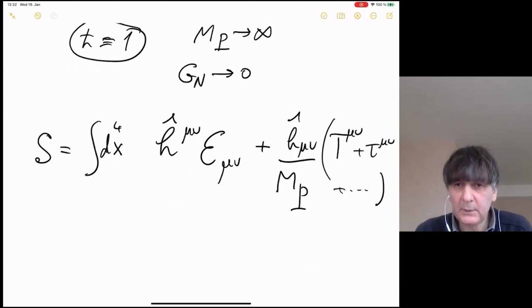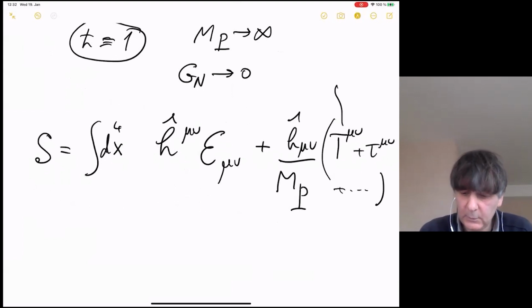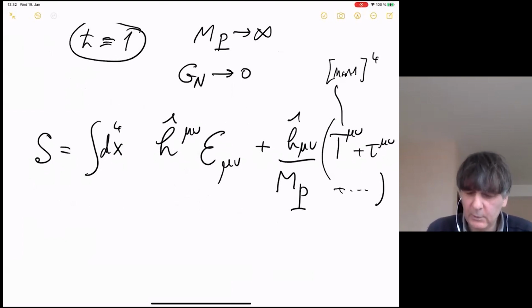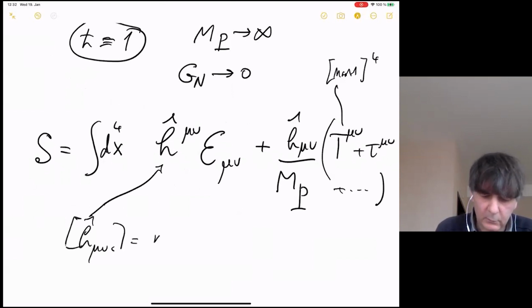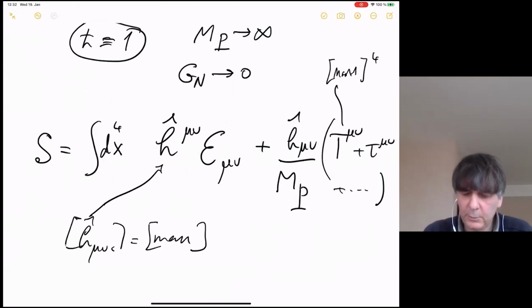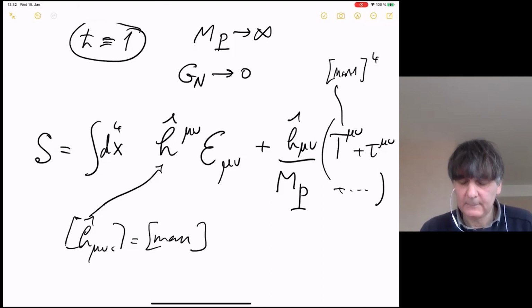Now, the energy momentum tensor, of course, has dimensionality of energy density, so this is mass to the fourth. Correspondingly, the canonically normalized H has dimensionality of mass, and so H divided by m Planck is dimensionless.